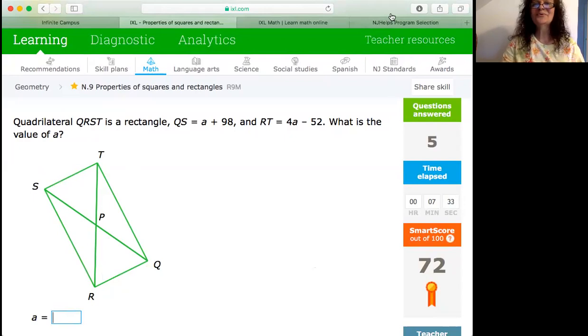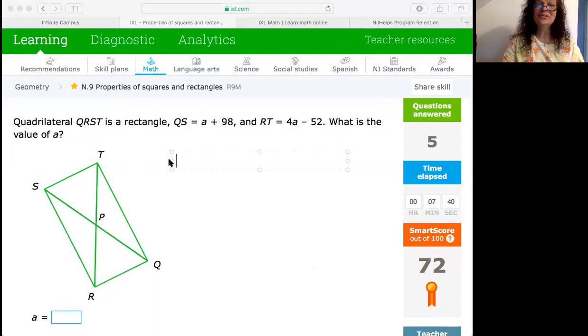Definitely they are congruent. Okay, so let's set an equation. a plus 98 equals 4a minus 52.